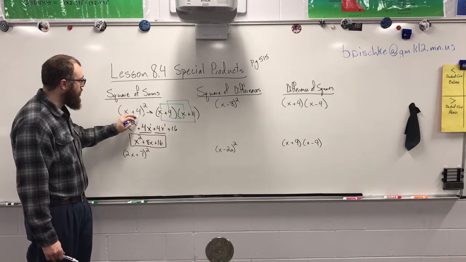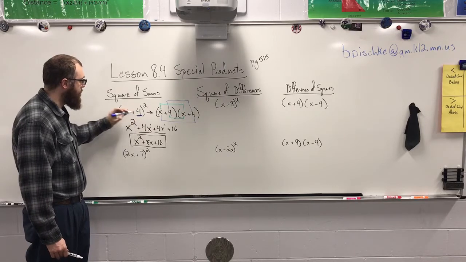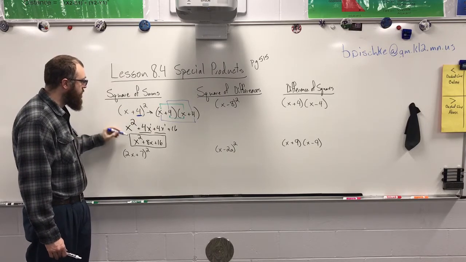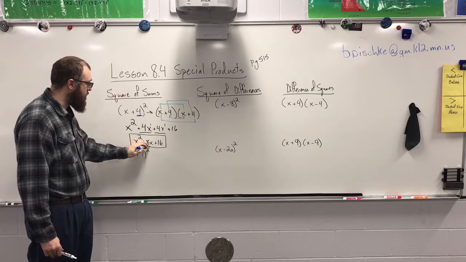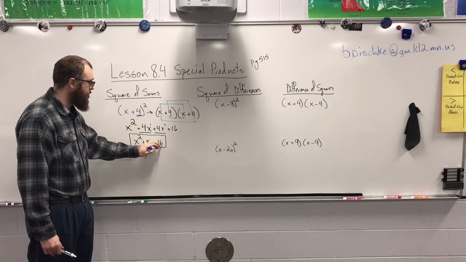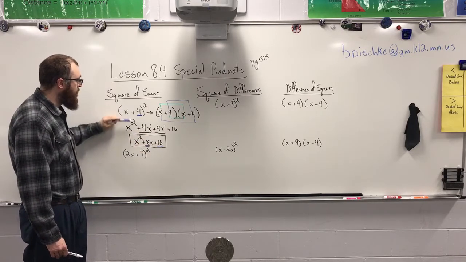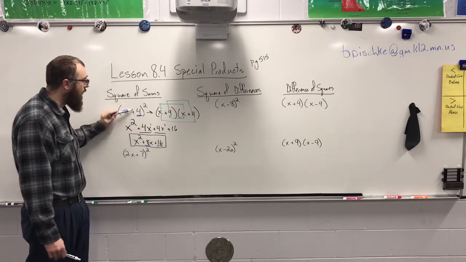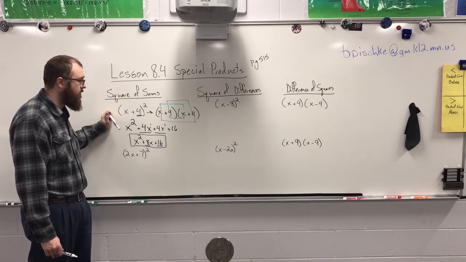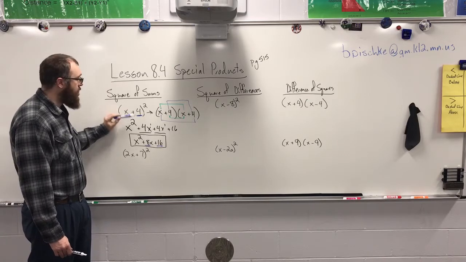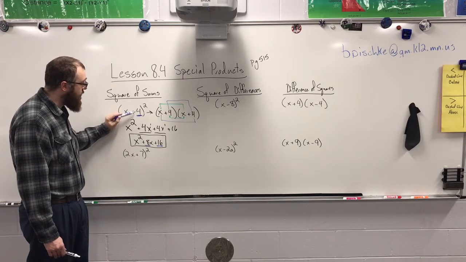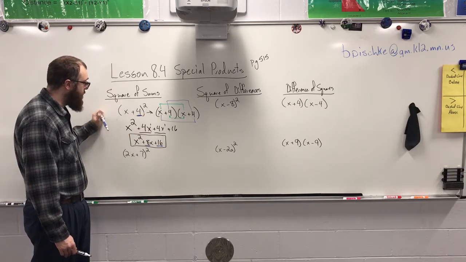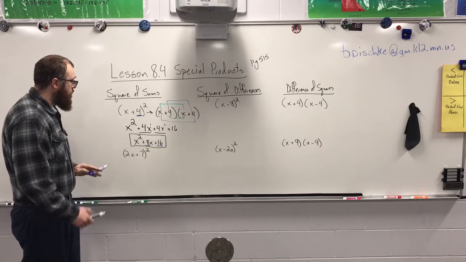If you look at the original number here, compared to the two numbers that we got, the number in the middle, or the linear term, ends up being 2 times what we started with. The number at the end ends up being this number squared.